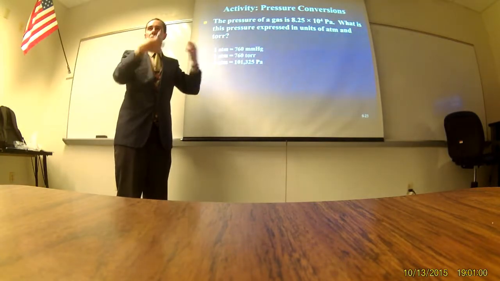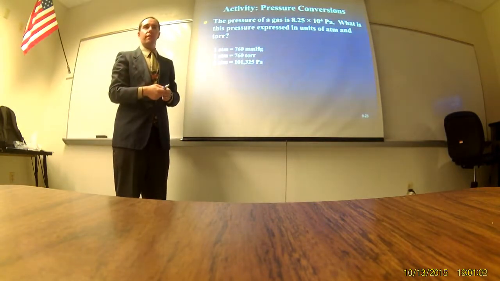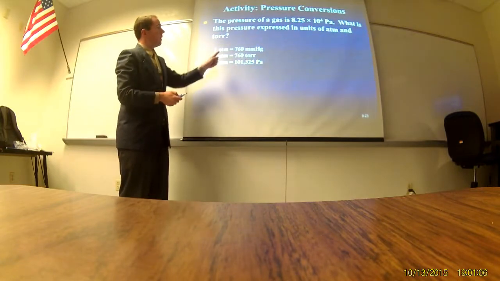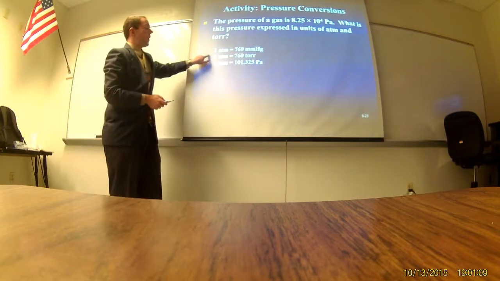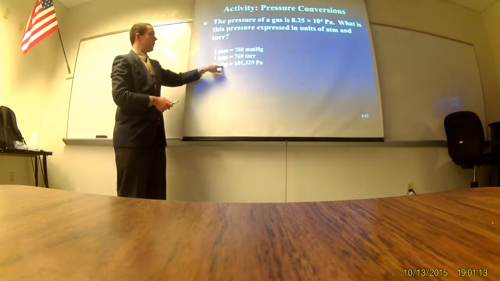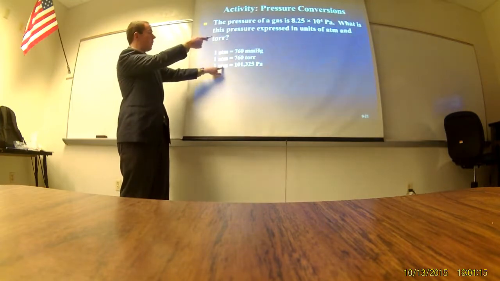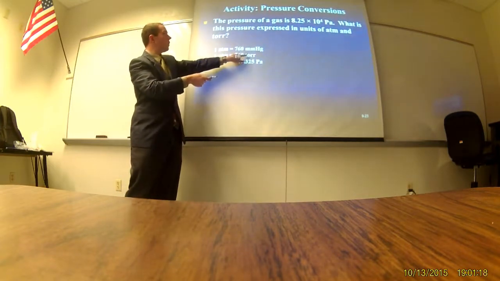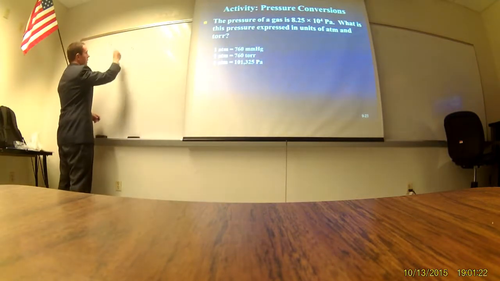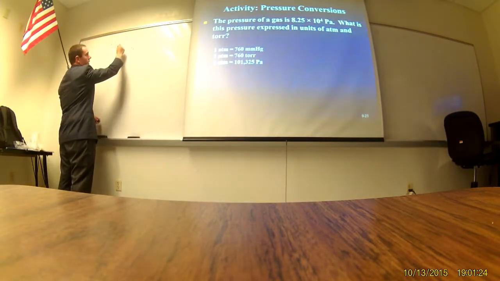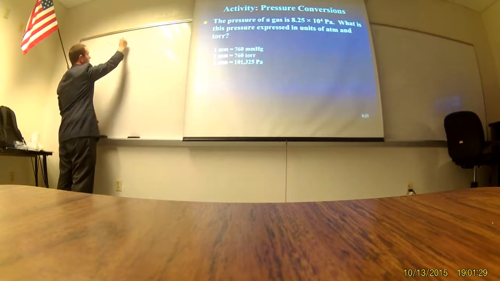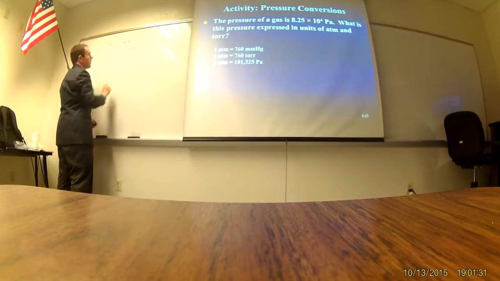Which one's the first one I'm going to go to? Well, we only have one conversion factor that has pascals in it, so I have to go to atmospheres first, which is the first answer it asks for, and then I can go to torr. So it says 101,325 pascals is 1 atmosphere.